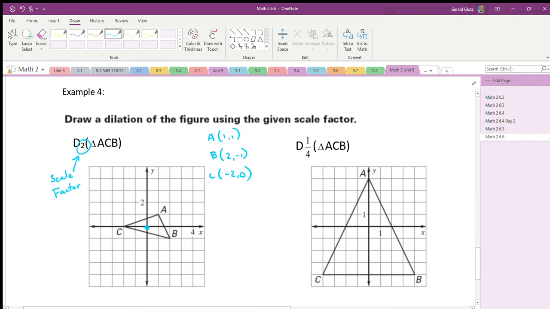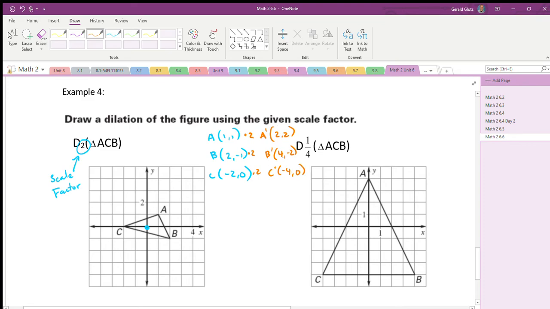So all I need to do is multiply each of these points by the scale factor, and that will give me my new shape. So multiply times 2. A prime will be 2, 2. B prime, 2 times 2 is 4, 2 times -1 is -2. And then C prime, 2 times -2 is -4, and 2 times 0 is 0.